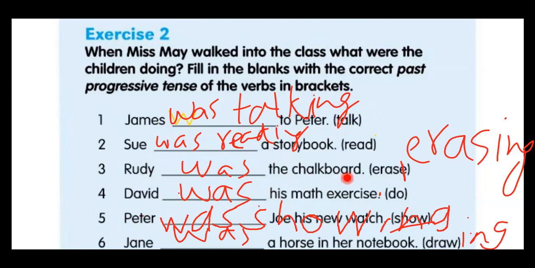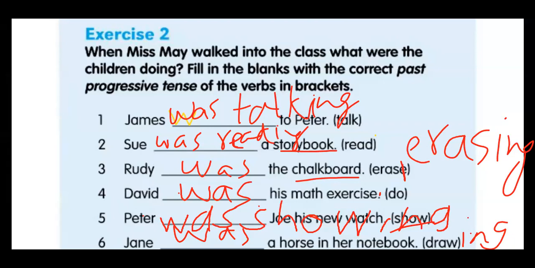Okay, what are these two? Chalkboard, storybook? Nouns, right? What kind of nouns are they? Compound nouns, okay? Do you remember when two or more words form one word? It is known as compound nouns, right?